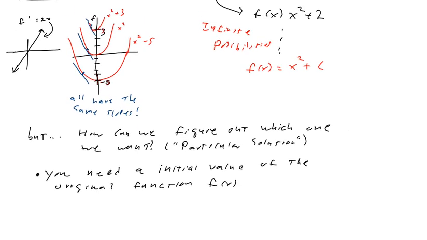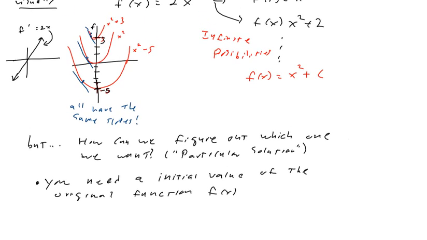To figure out which one of these possible graphs is your actual solution, you're going to need a particular solution. Is this part of your answer? Or is this part of your answer? Or was it this point here? Which of these values is the value that exists in your original equation?